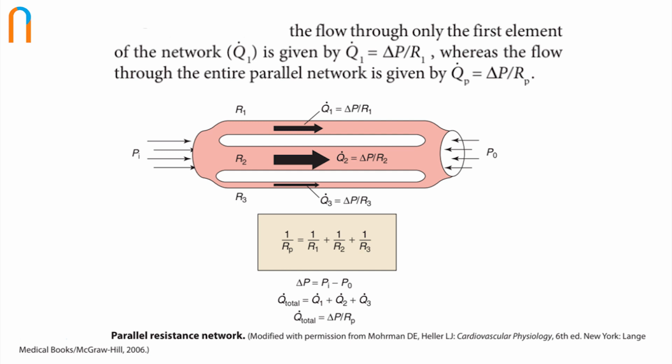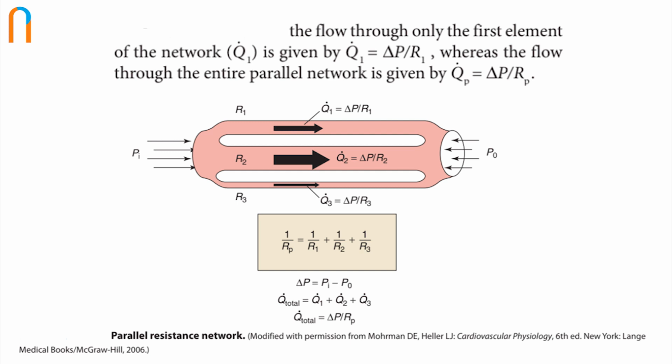In the special case where the individual elements that form the network have identical resistance Rx, the overall resistance of the network is equal to the resistance of an individual element divided by the number of parallel elements in the network.